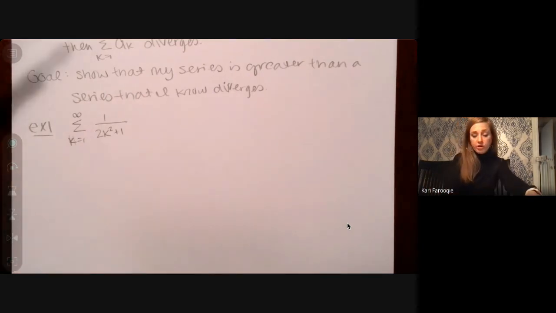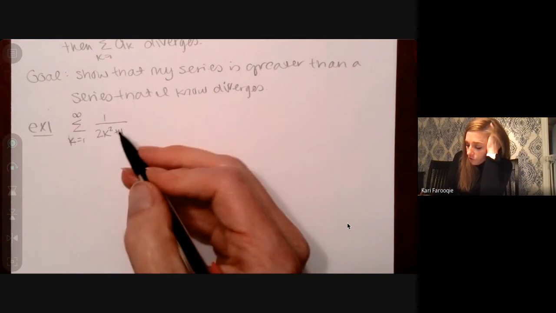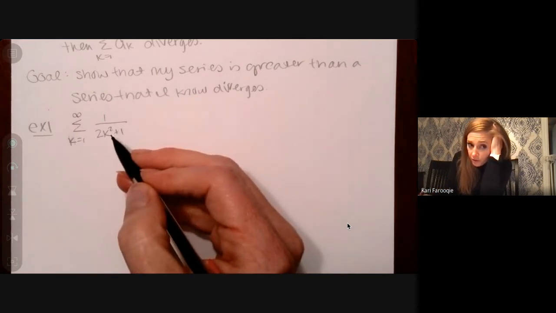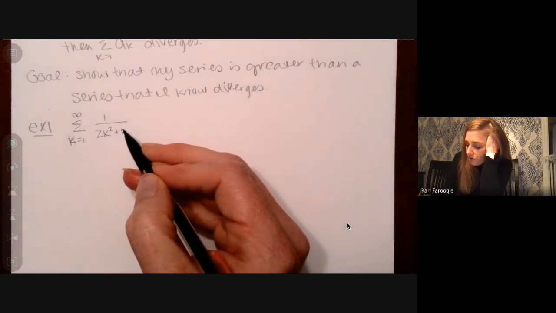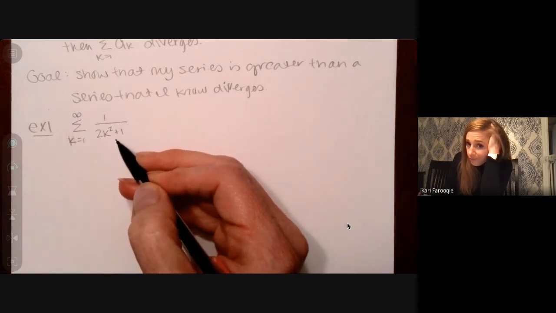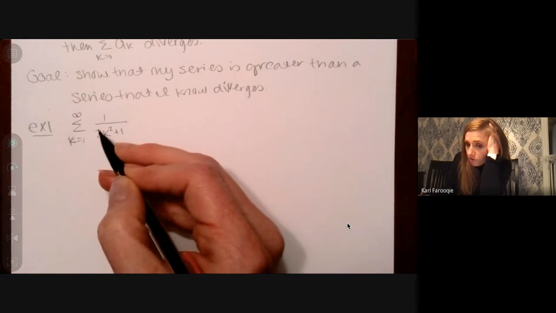Now, the question is, does your series converge or does it diverge? Hopefully you have some ideas, as you should, because this looks very p-series-ish. I did one that was really similar to it. Notice that this plus 1 constant is really not affecting the convergence or divergence, and neither is the 2.